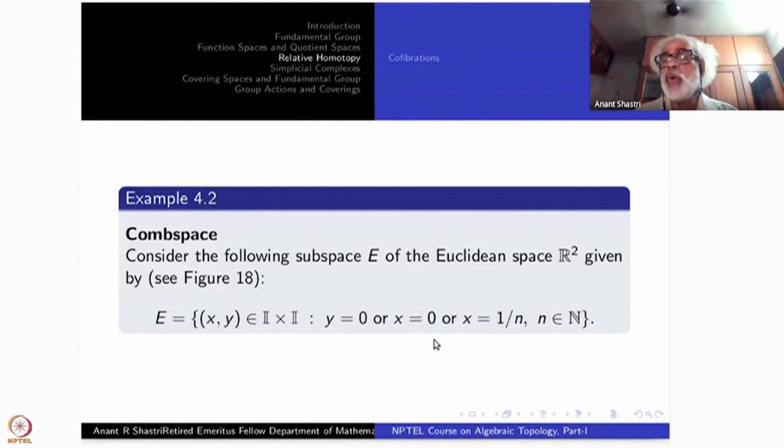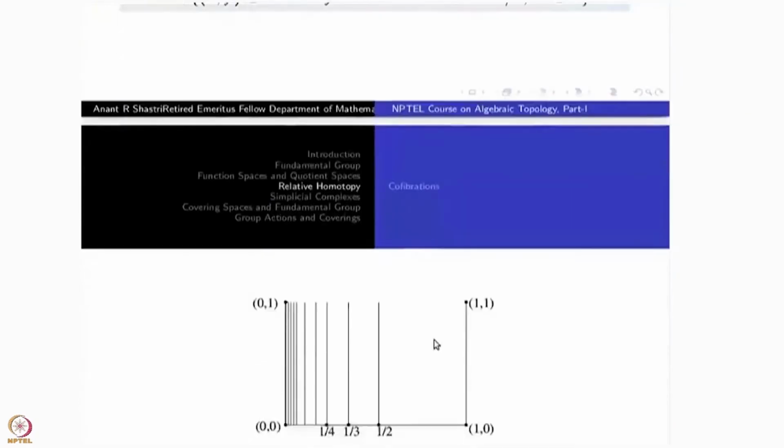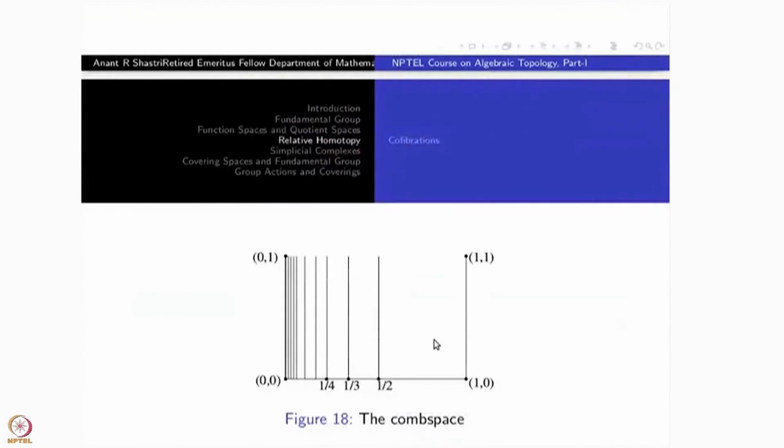Okay, so those are the teeth of the comb. There are infinitely many teeth for this comb, and they are all clustering, coming closer and closer, at x equal to 0. Okay, so this is the picture of the comb space.